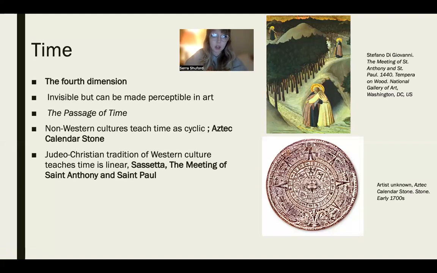Just to touch on that, with the passage of time in non-Western culture: this is considered a Western culture painting, a Christian painting, and Western art teaches us that time is linear. So we have our point over here and our point over here, and it's a straight line from beginning to end. Whereas non-Western cultures teach time as being a cycle rather than a line.